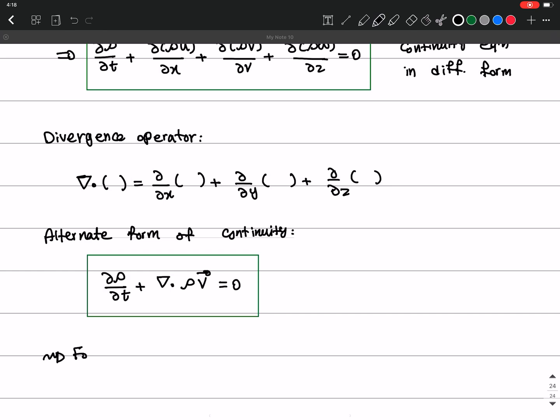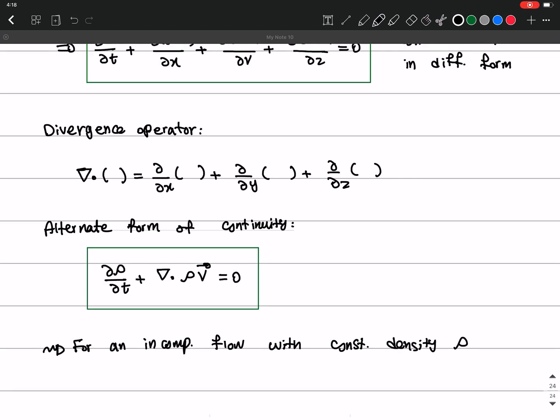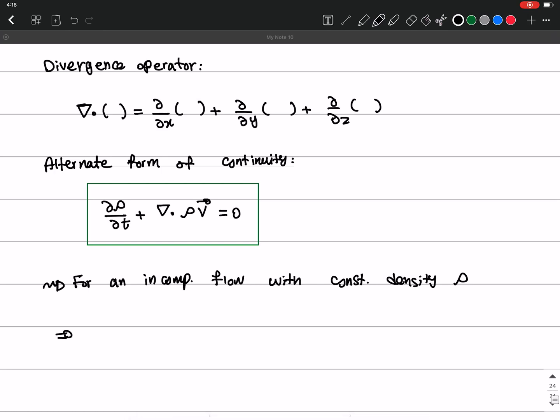Okay, so for an incompressible flow with constant density rho, what we have is partial rho over partial t is 0. This for the incompressible flow is not changing. So what we are going to have is rho divergence of v.